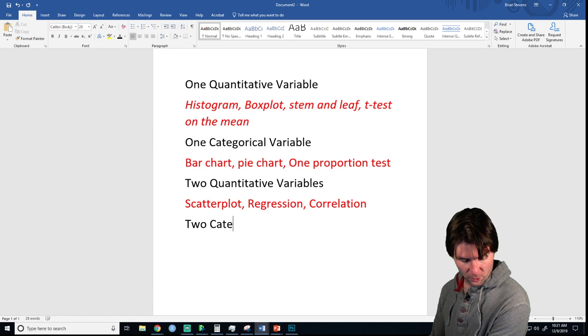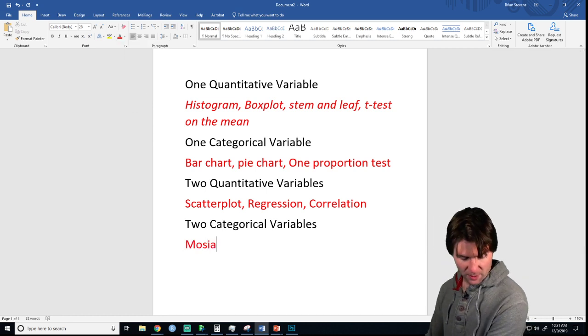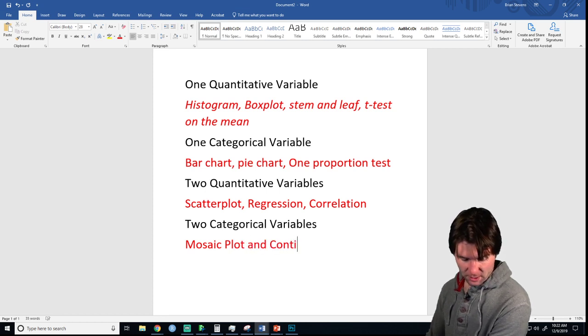So two categorical variables. We were just doing that a second ago. This makes count data, so we should be using a mosaic plot and a contingency table.